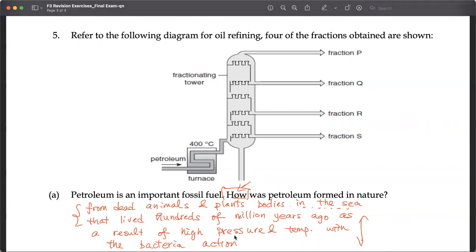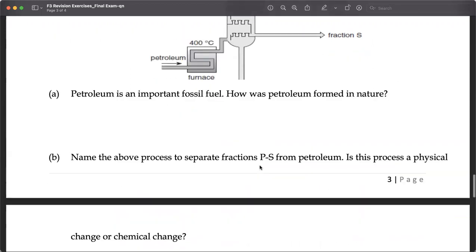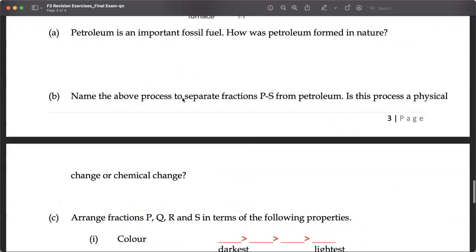Well, next one is talking about using different fractions. So name the above process to separate the fractions P to S from petroleum. Is this process a physical change or chemical change? This process, we label it as fractional distillation.